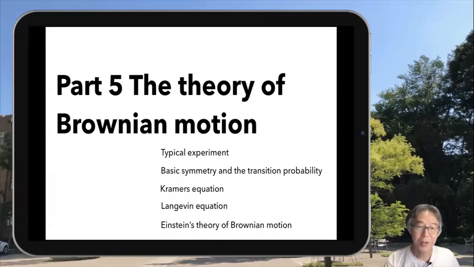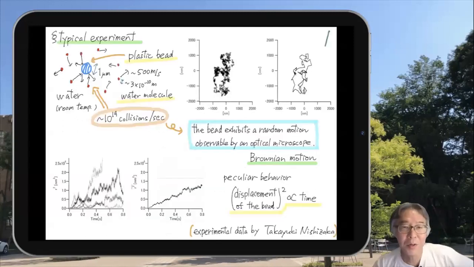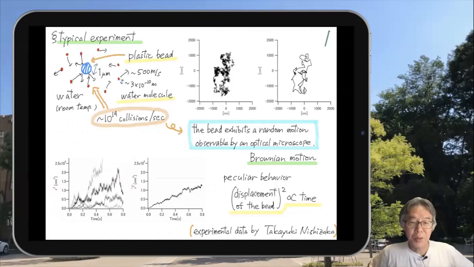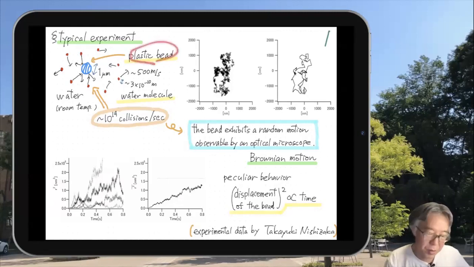Anyway, let's get started. I will start by discussing typical experiments, but we have been talking about this several times. So consider a plastic bead of diameter like 1 micrometer, a very small one. You cannot see it by your eye, but you can see it by using a microscope, and it's in water at room temperature.